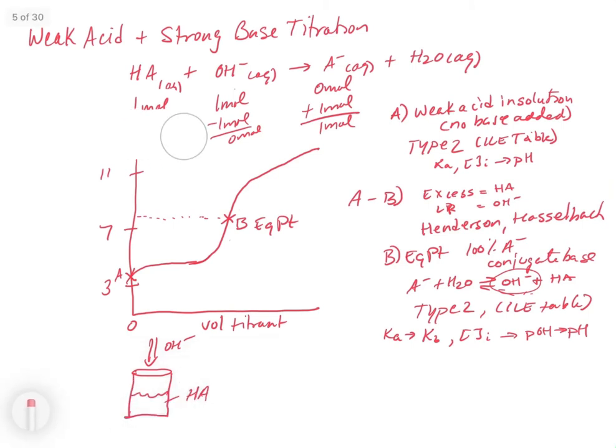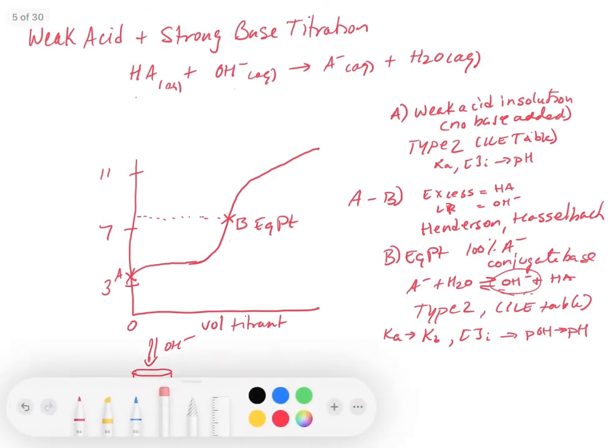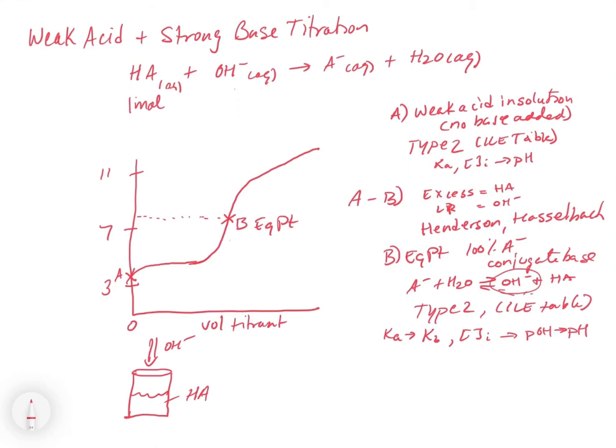So let's go back and set up our stoichiometry table to be in this range. If we have 1 mole of HA, and let's say we add 0.2 moles of OH minus, and of course we start with 0 moles of A minus in this reaction. So we have 1 mole of HA, and we add less than an equivalent of the OH minus, so 0.2 moles.